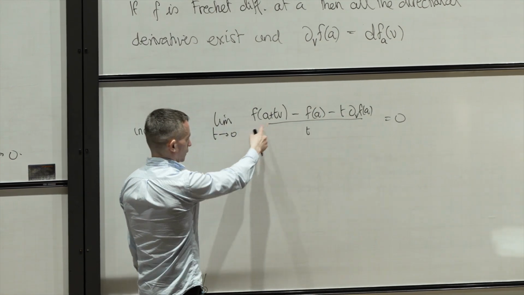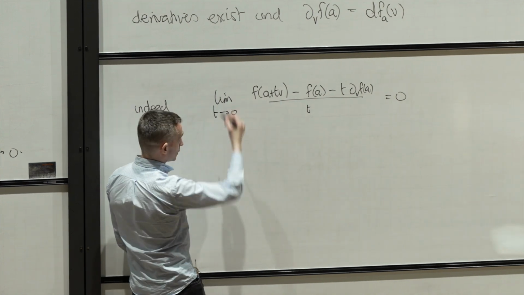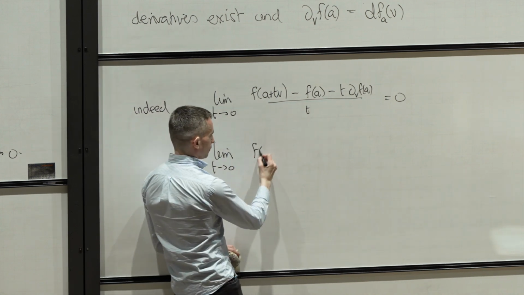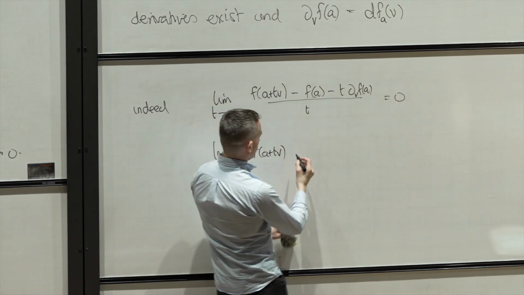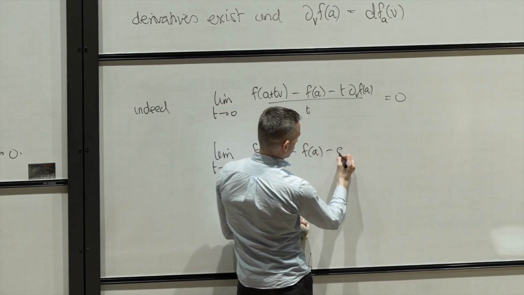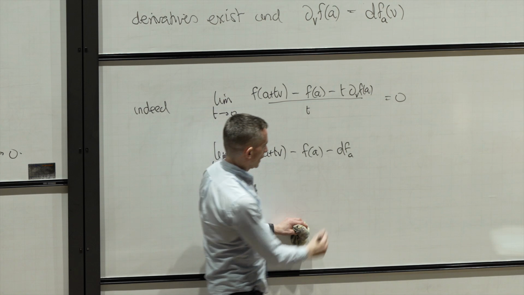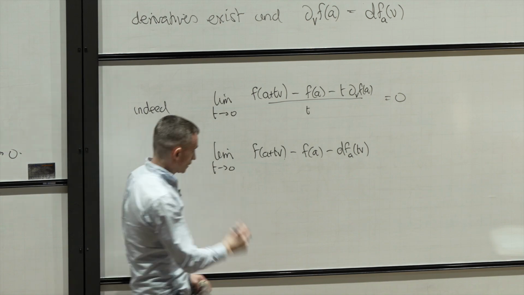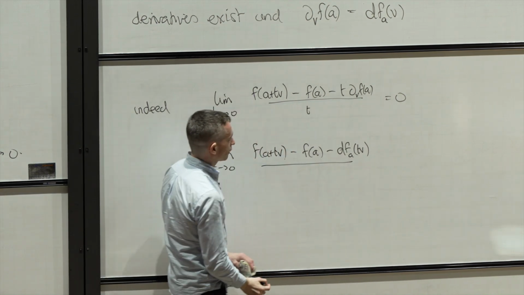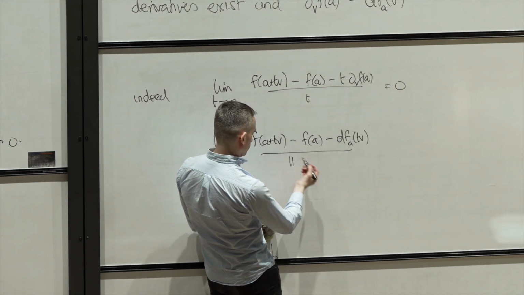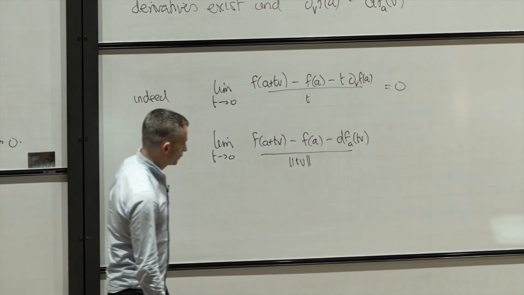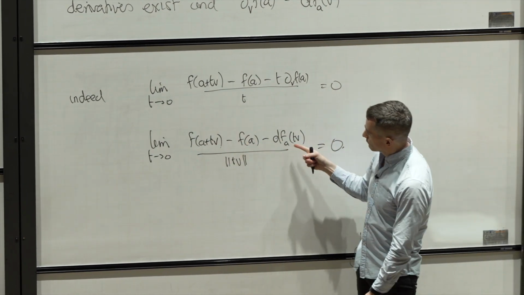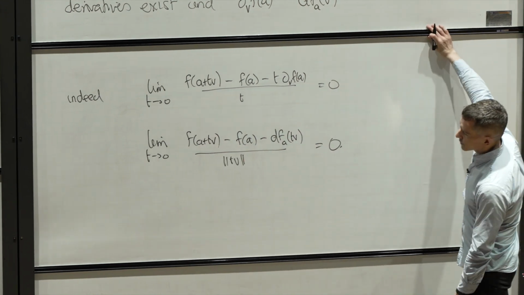But if you just look at what the Fréchet derivative definition gives you, the limit as t goes to 0 of f of a plus t times v minus f of a minus the Fréchet derivative at a applied to t times v, all divided by the norm of t times v, equals 0. So this is just the difference that is epsilon of a plus t times v.